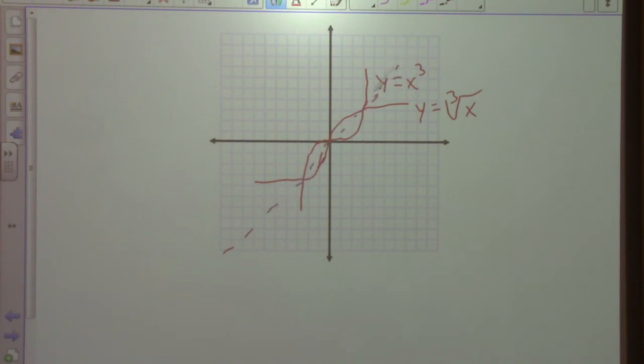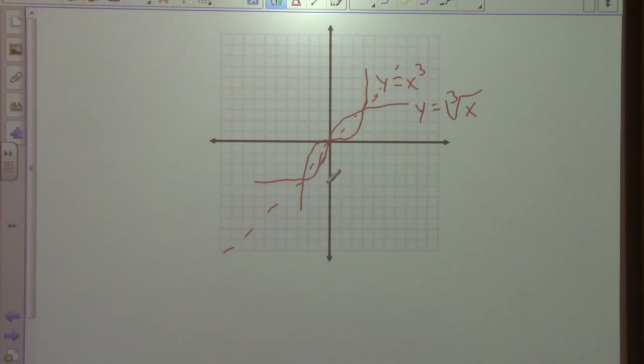I didn't make the greatest drawing there, but these functions are inverses of each other. So if you notice graphically and are able to perform the algebra, that's really the level of expectation we have for that. And ladies and gentlemen, that's what we have for today.